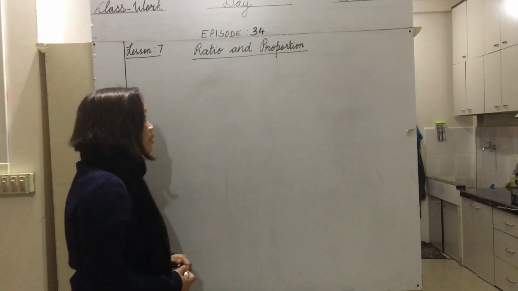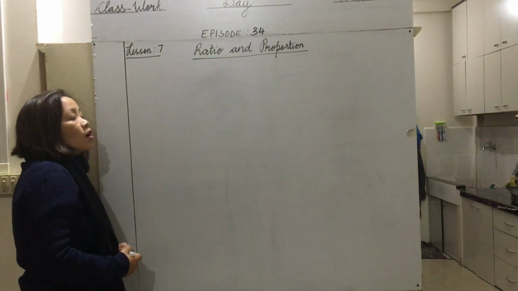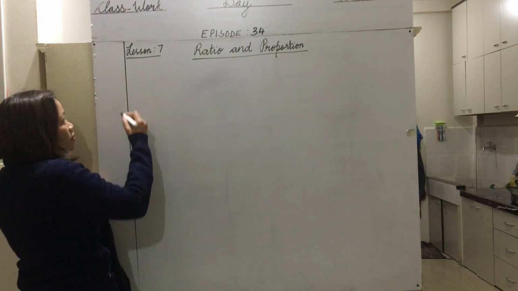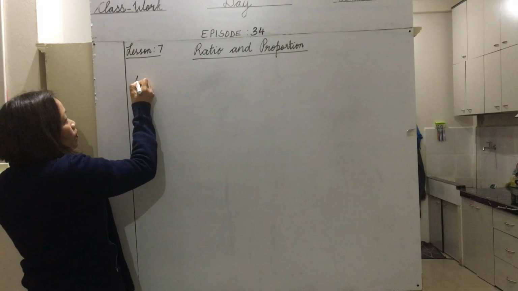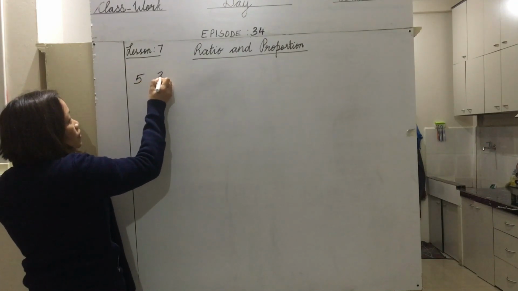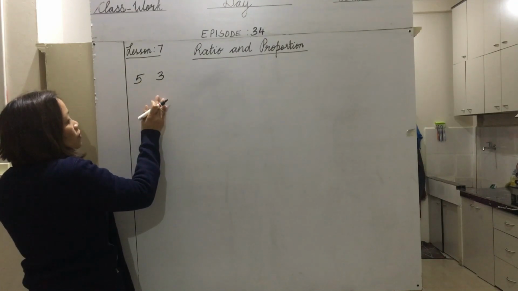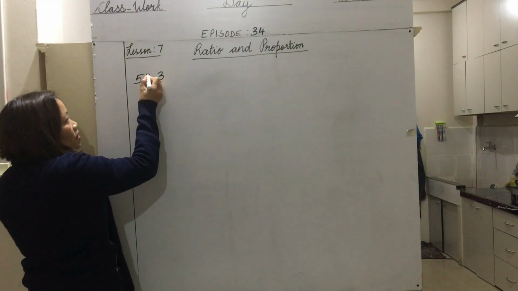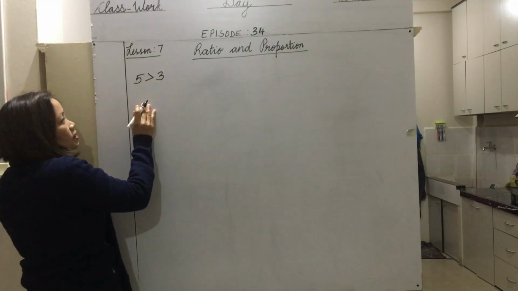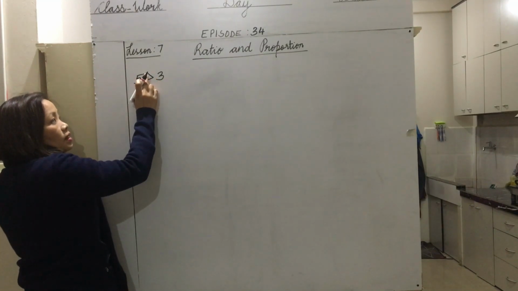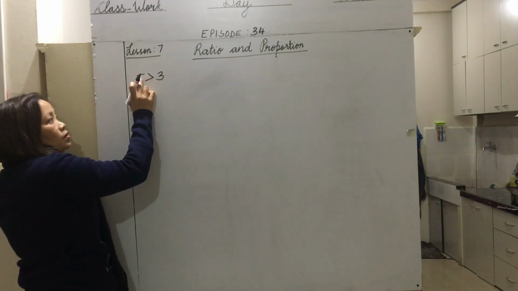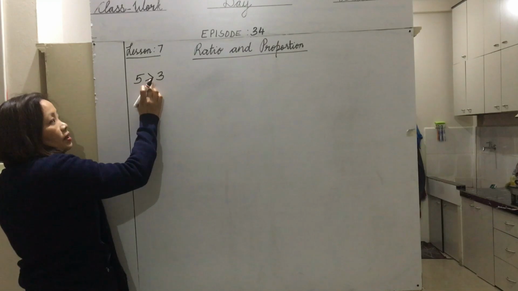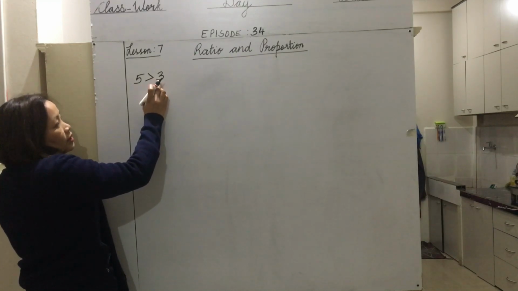When we compare numbers, for example, when we compare 5 and 3, we use the smaller than or greater than sign. Hope you remember this. The wider side of the symbol points towards the bigger number and the pointed end points to the smaller number.